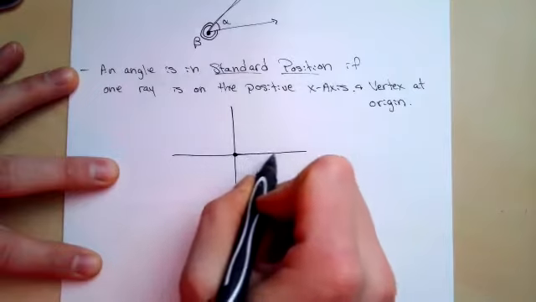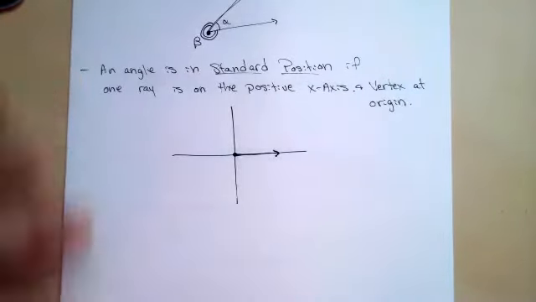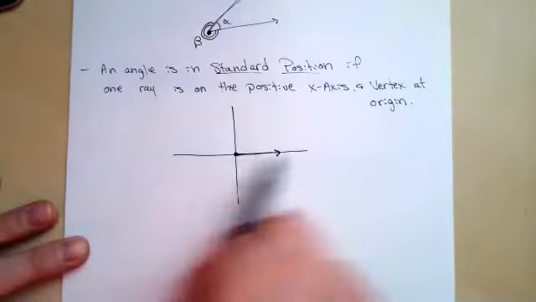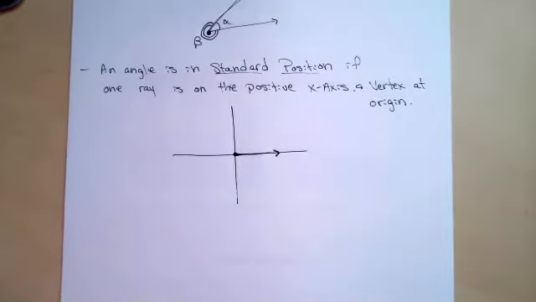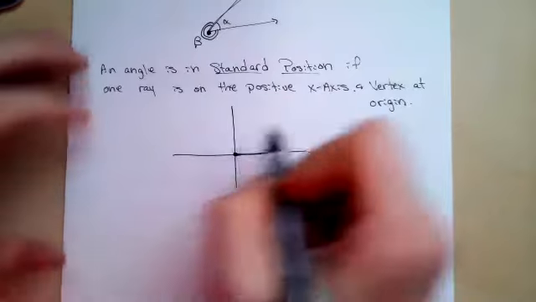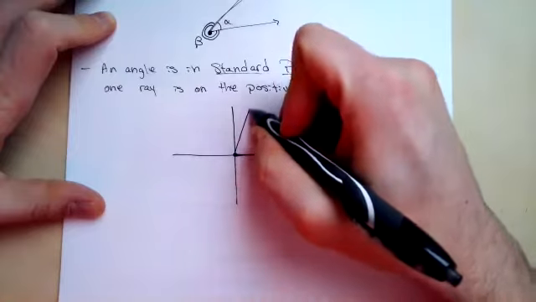We always have one ray along the x-axis. So we often don't draw it because it's right on the x-axis. Essentially from here on out, if we're drawing angles in the Cartesian plane, you always assume that one of these sides is the positive x-axis. Then we measure positive angles counterclockwise from the positive x-axis.